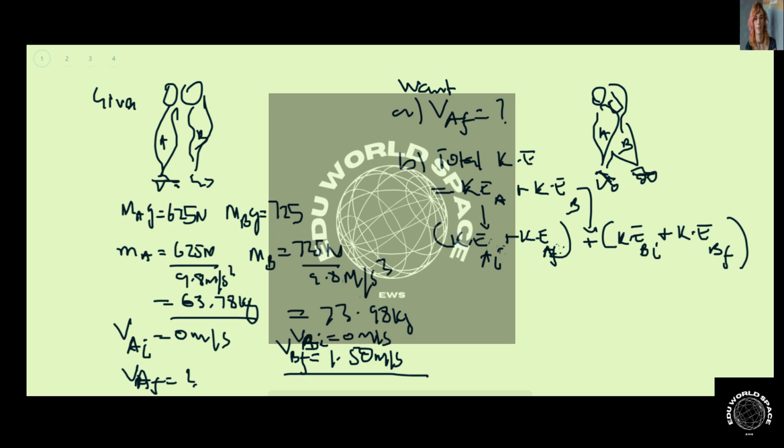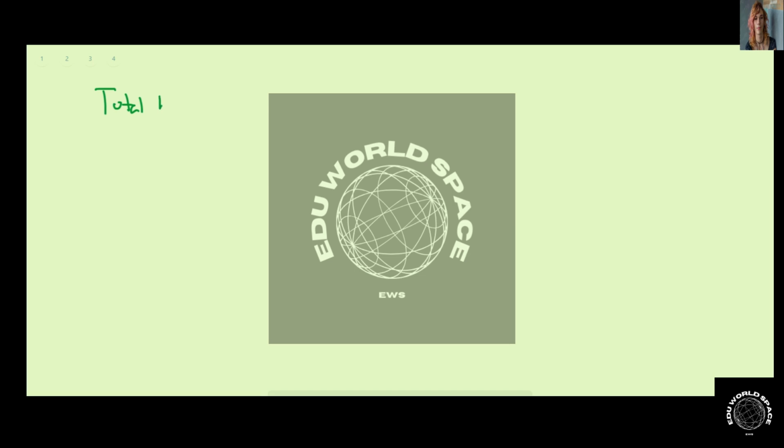The second part is very comfortable, because all we're doing is going back to the requirement of B, and here we're computing the total kinetic energy, which is the same as the kinetic energy of A plus the kinetic energy of B. Remember, the kinetic energy of A becomes the initial kinetic energy of A plus the final kinetic energy of A, not B. So this is A final.